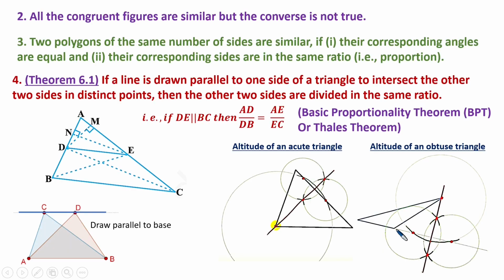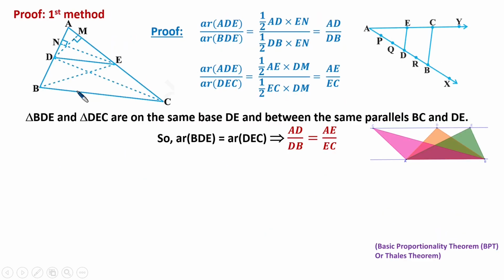You see here, this is outside the base. So here also you have this one outside the base, because this is more than 90 degrees. So this is a projection, and it will be somewhere outside this BD. So the area of triangle BDE is again the same thing, half of base BD or DB times EN. So EN and EN are cancelled. Half and half also get cancelled. So I have AD by DB for this one.